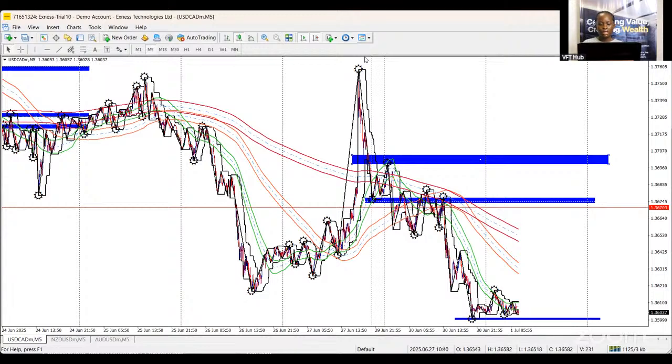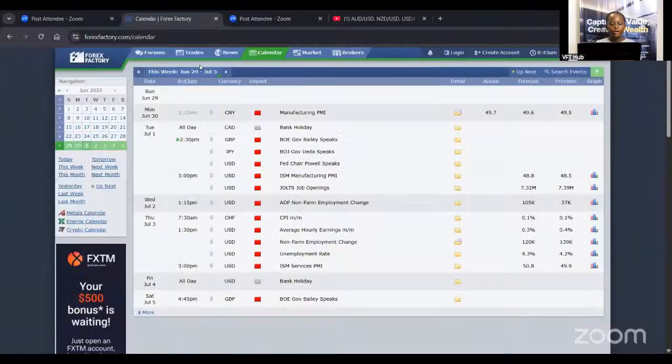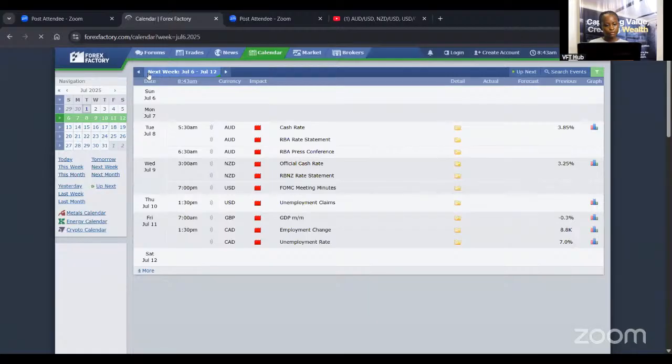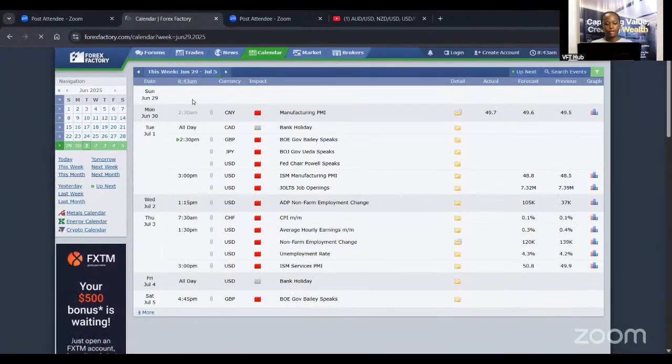So a quick look at Forex Factory. Do we have any news release that would shake things up a bit? Okay, so on Forex Factory, today is the 1st of July, and it's Tuesday.